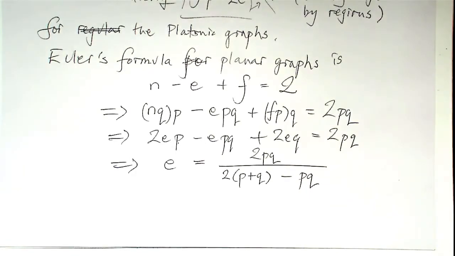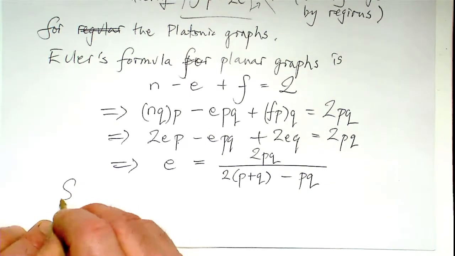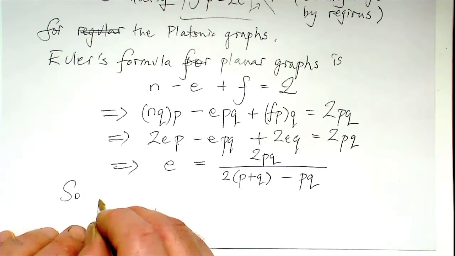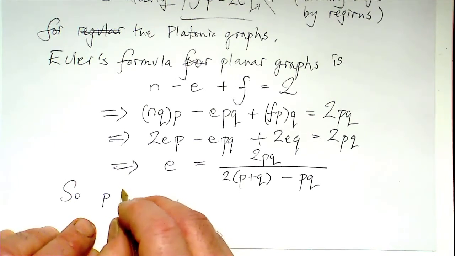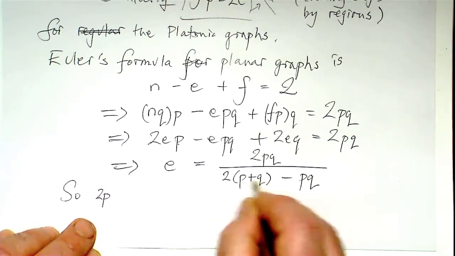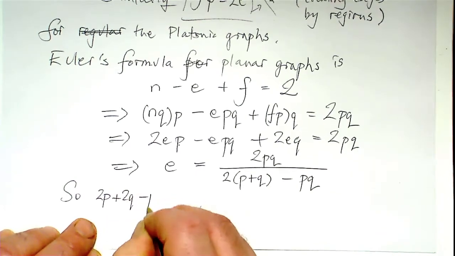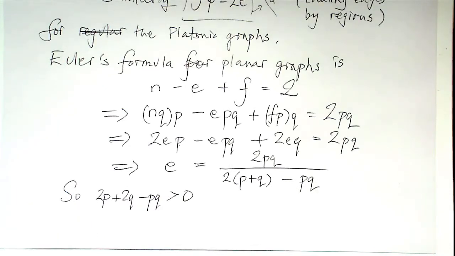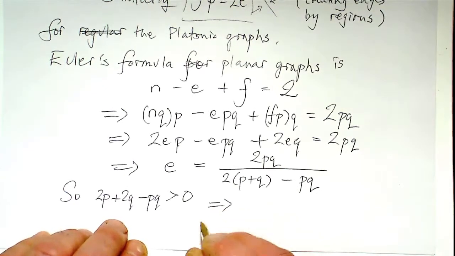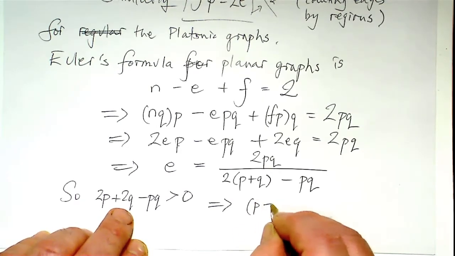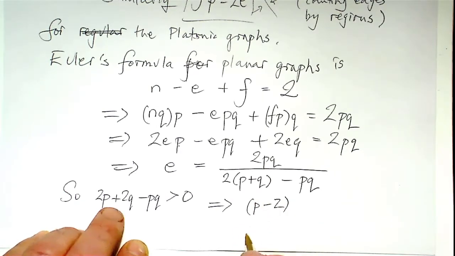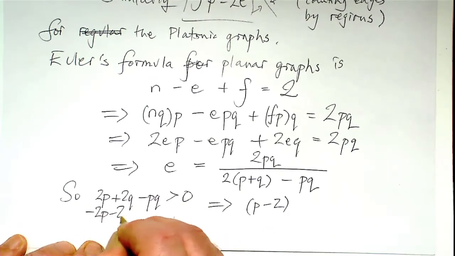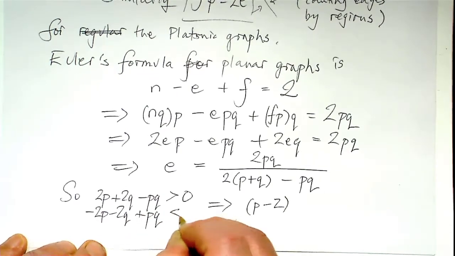Now, the number of edges is positive, obviously, so that tells you that the denominator is a positive number. So 2P plus 2Q minus PQ has to be strictly positive because the whole thing has to be positive. And that implies, first of all, I can negate this inequality and get minus 2P minus 2Q plus PQ is negative.